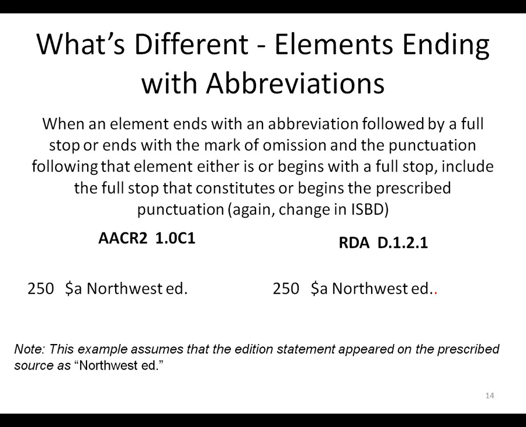And so here's a case where you have an edition statement that's not uncommon to see in a serial record, something like a regional edition, Northwest Ed. The 250, the edition statement, will actually have two periods after the edition, one for the abbreviation of edition and the other one that's ISBD punctuation that introduces the next element.